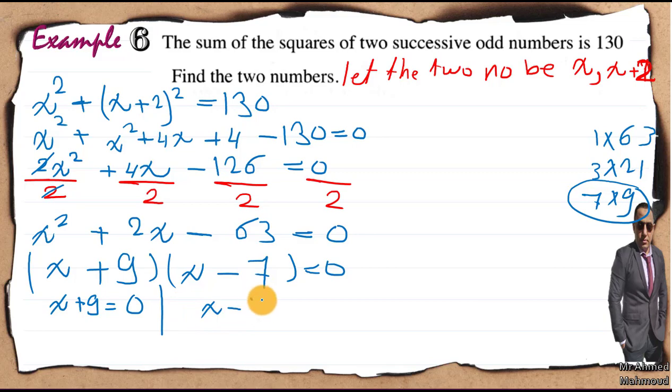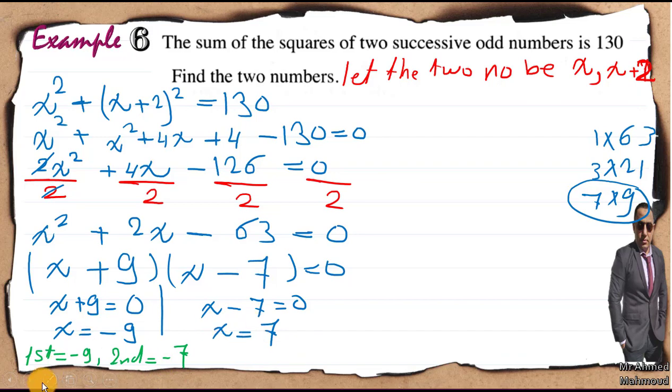x minus 7 equals 0. Send 9 to the right side, so x equals negative 9. Send 7 to the right side, so x equals positive 7. Here x equals negative 9, so the first number equals negative 9, the second equals negative 9 plus 2, which is negative 7.